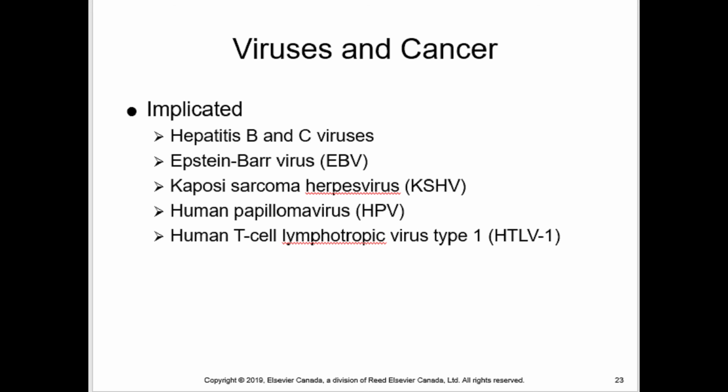It is important to note that when an individual is exposed to a particular virus, there is not an immediate effect. In fact, there is a latent period, or several years, for example, whereby the individual is asymptomatic and actually does not have cancer.